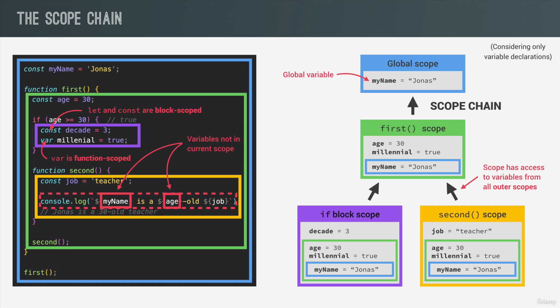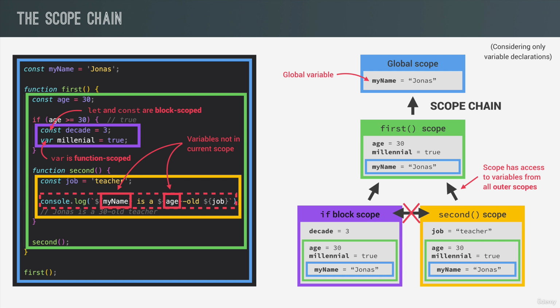Now, it's important to understand that our purple block scope does not get access to any variables from the yellow second function scope, and the same the other way around. And why is that? Well, it's because of lexical scoping, as we learned in the last slide. So the way that we can access variables depends on where the scope is placed, so where it is written in the code.